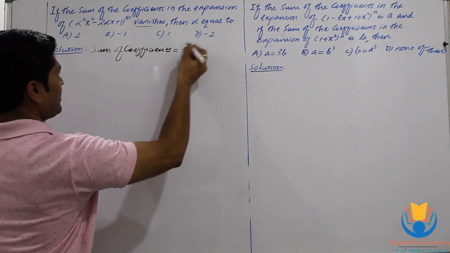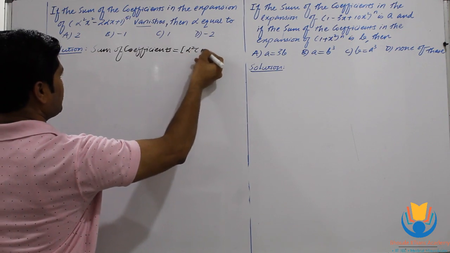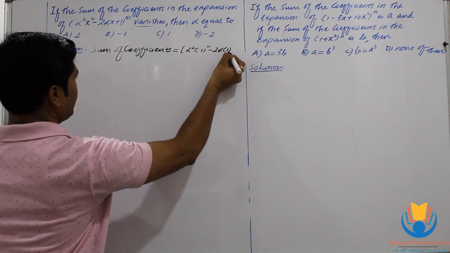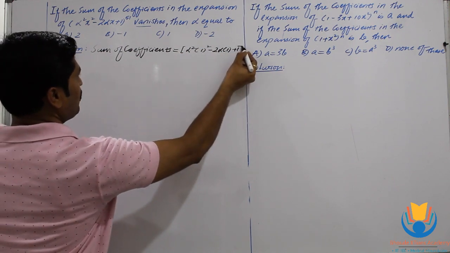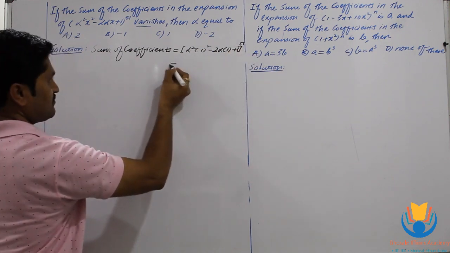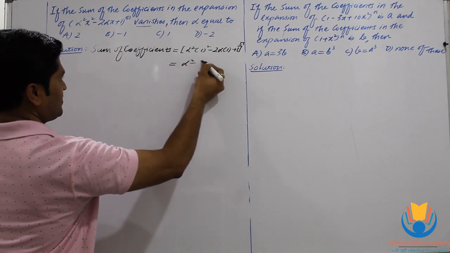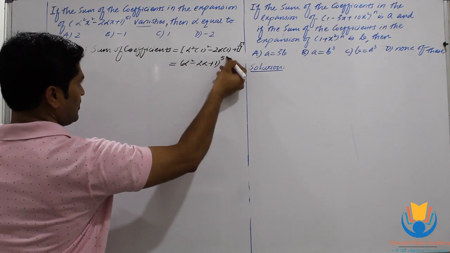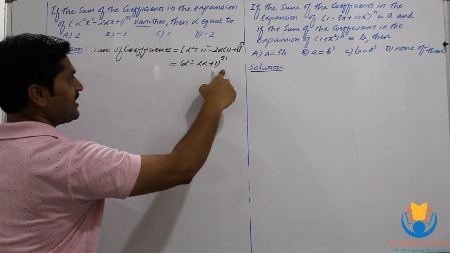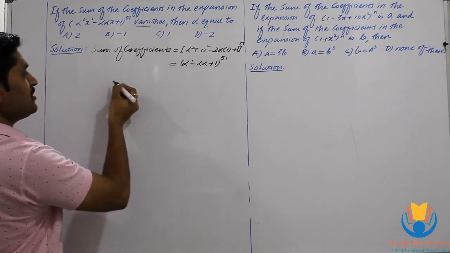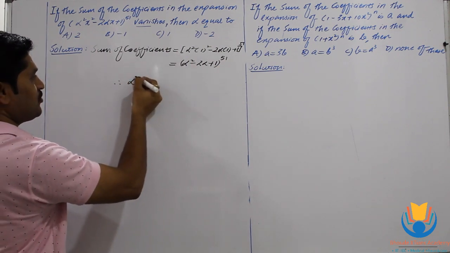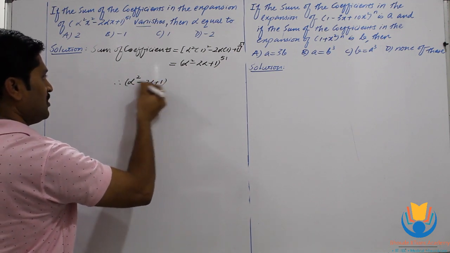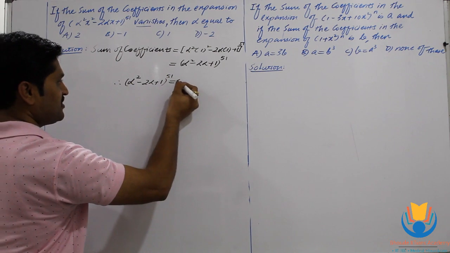So this alpha square as it is, this 1 whole square, minus 2 alpha into 1, plus 1 whole raised to 51, and this is simply alpha square minus 2 alpha plus 1 whole raised to 51. But they said that this particular sum vanishes, that means this becomes 0. So let's write the sum of coefficients to be 0. Alpha square minus 2 alpha plus 1 whole raised to 51 is given to be 0.